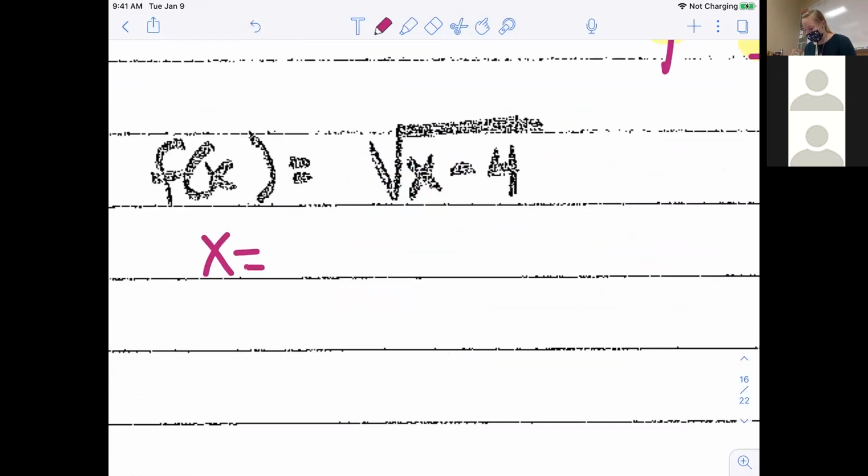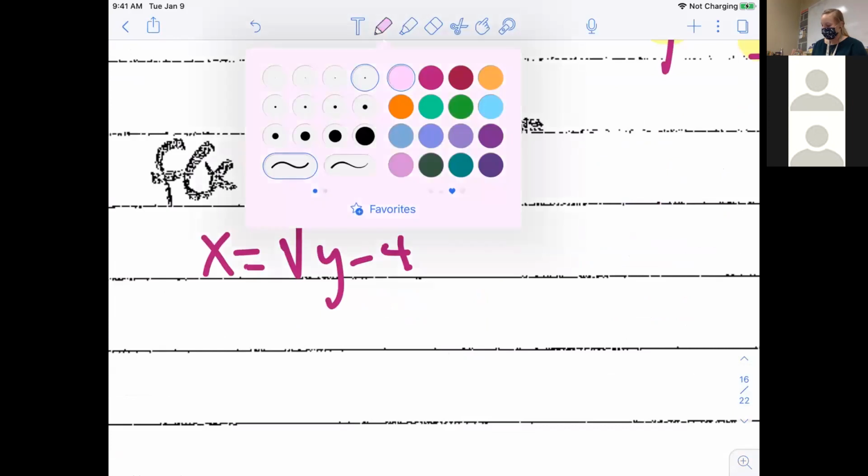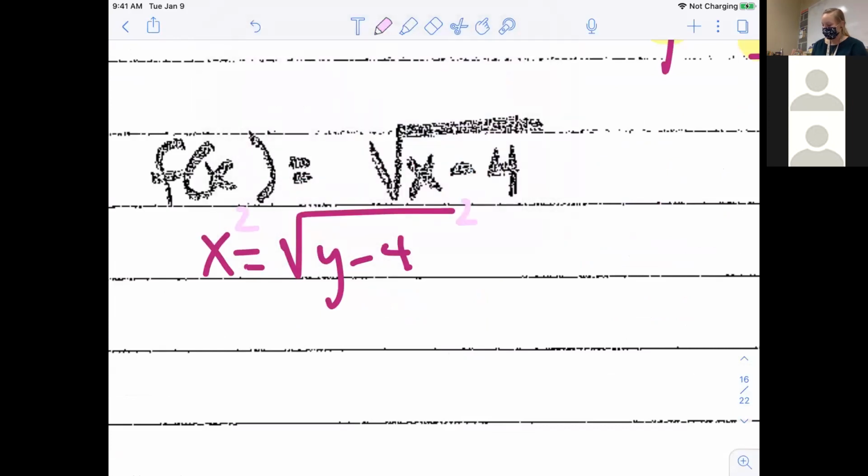Switch your x and your y. X equals the square root of y minus 4. How do we get rid of a square root? Square. X squared equals y minus 4. And then what's my last step?